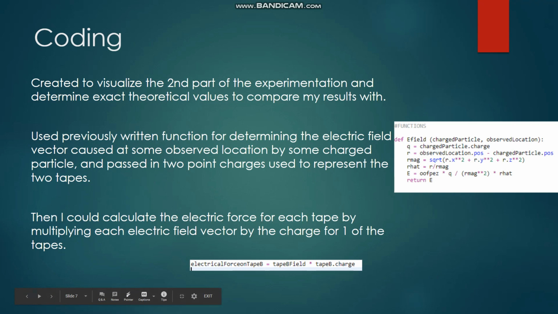And then for the coding, this was just to visualize that second part of the experiment, with the suspended tape.